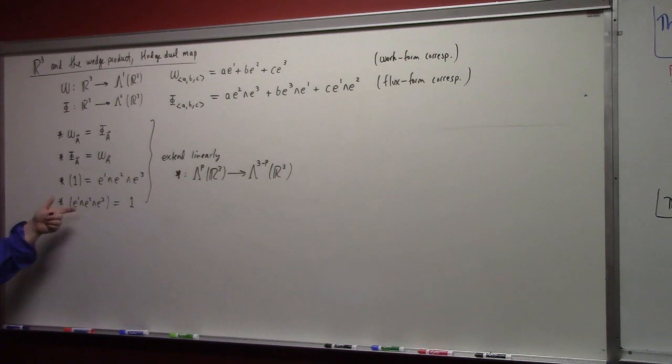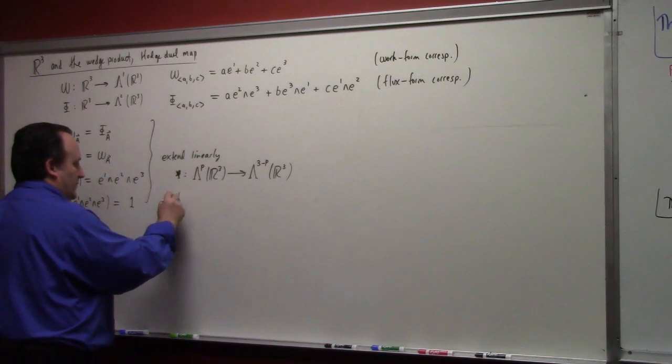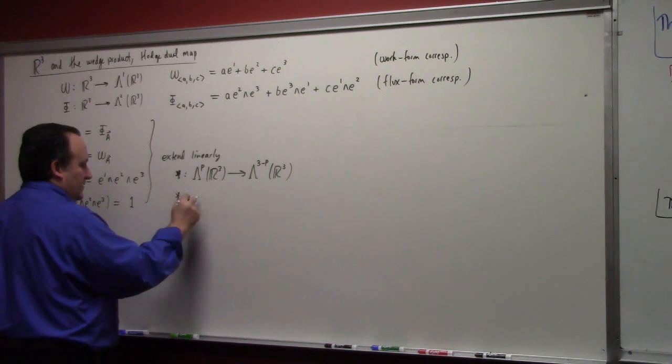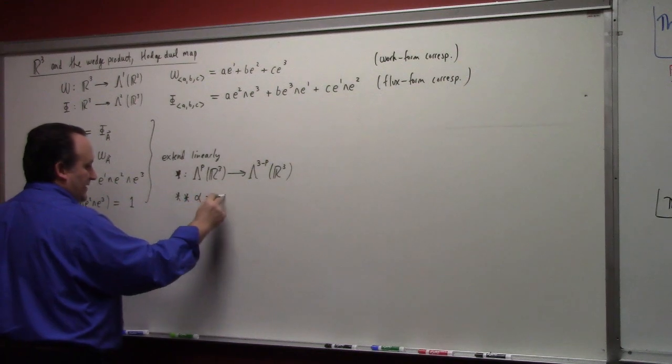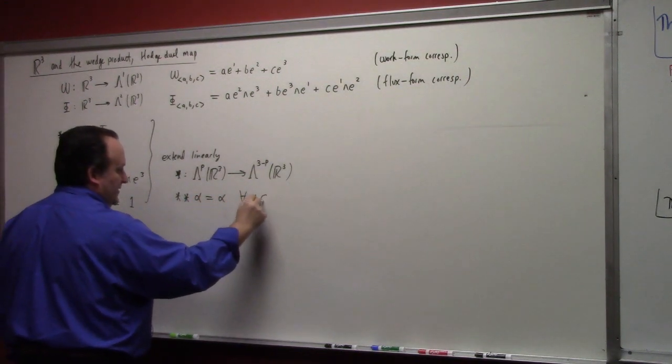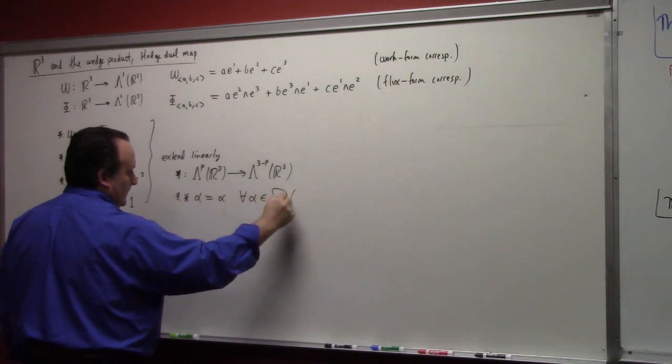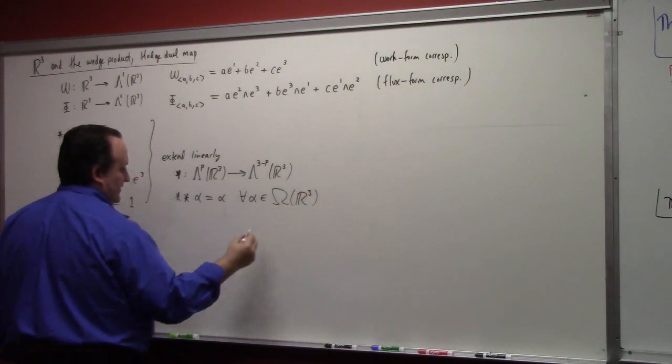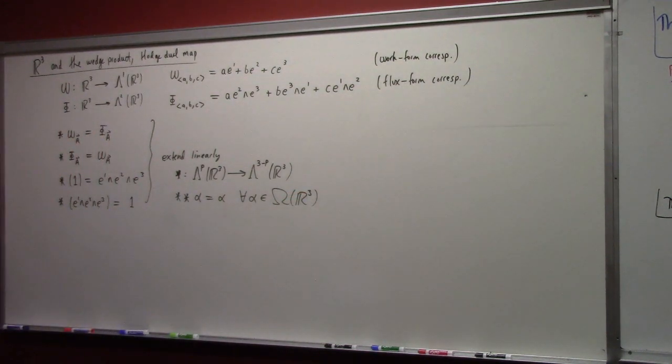You give it a 3 form, it spits out a 0 form. These are the Hodge dual, and you can pretty straight away prove that Hodge dual of Hodge dual of alpha is equal to alpha again for all alpha in the exterior algebra of R3. So the Hodge dual is naturally a mapping on the exterior algebra.